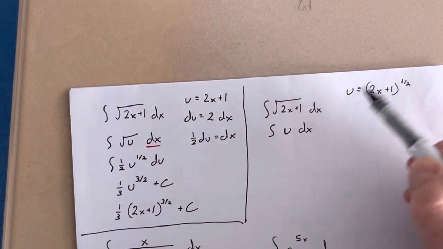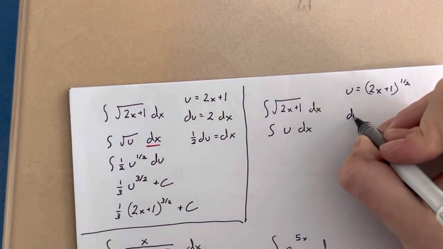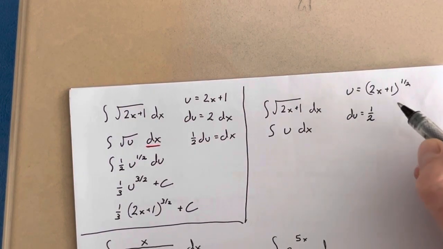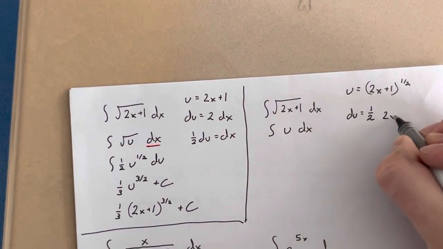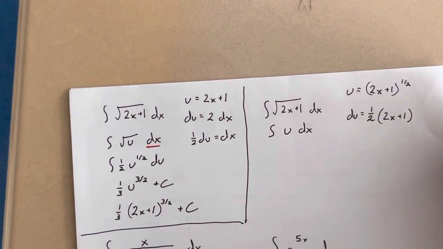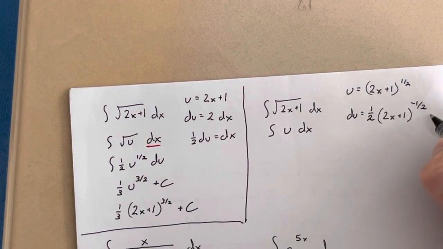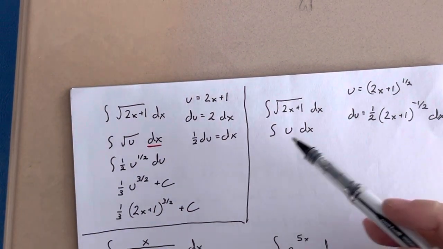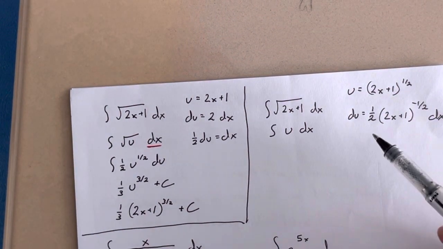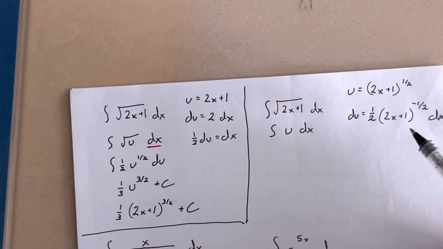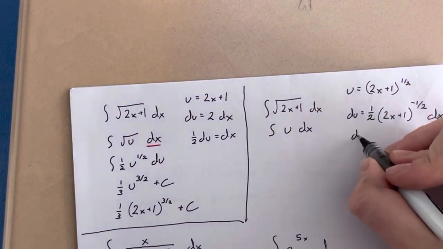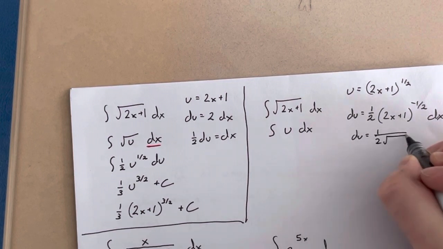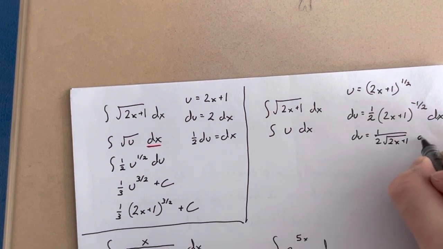Let's take our derivative over here and see what's happening. du should equal 1/2. This is going to be 2x plus 1 to the negative 1/2, and here is a dx. So you may be looking here and thinking, maybe I really want to write this as du equals 1 over 2 square root of 2x plus 1 dx.